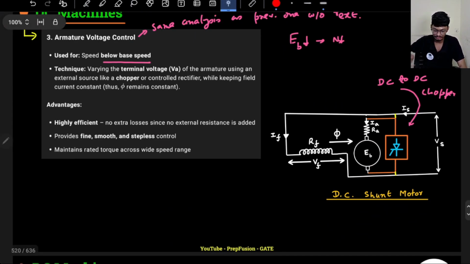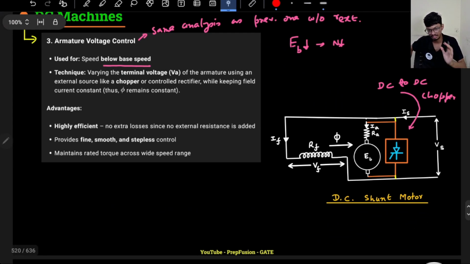So that is the advantage. We don't connect an external resistance; we directly give the output of the converter to the DC machine and that is controlling. Here the input of the converter is Vs and the output of the converter is some voltage, whatever voltage we want to control.